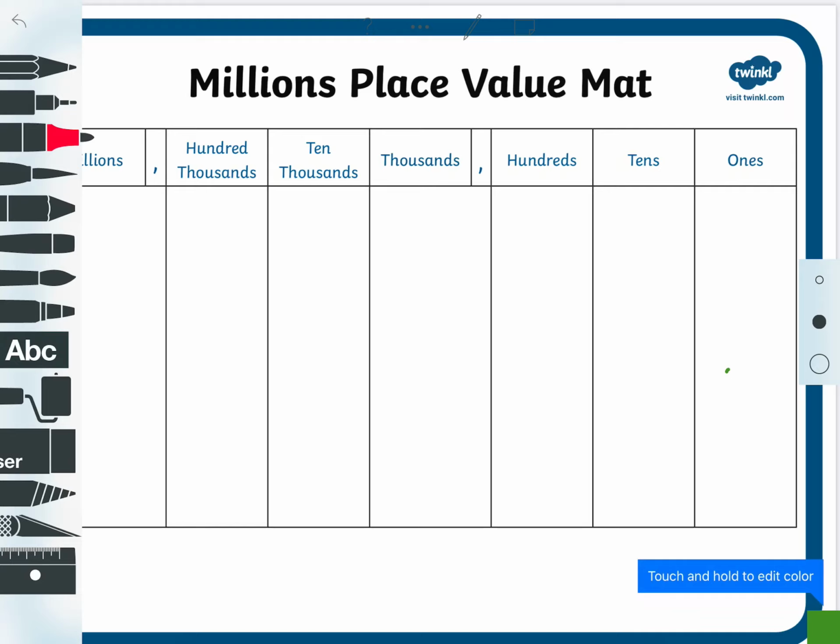So remember the chart that we drew earlier? This is the same chart, it's just much neater. So let's talk about placing numbers in our chart. For example, if I have the number 23,165 and I need to plug in this number into my million place value map.